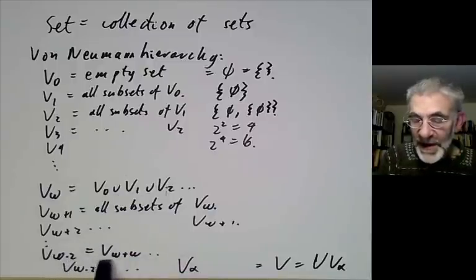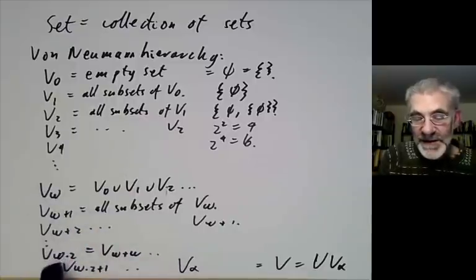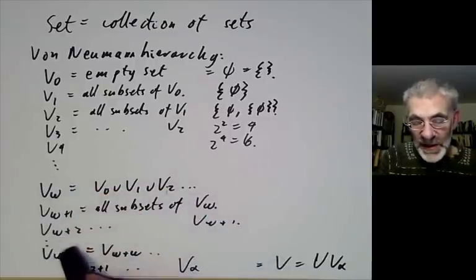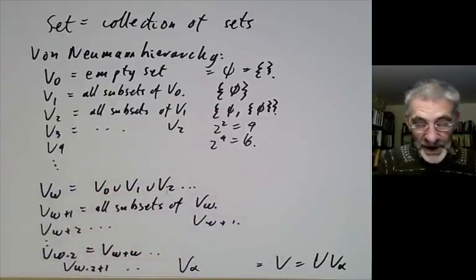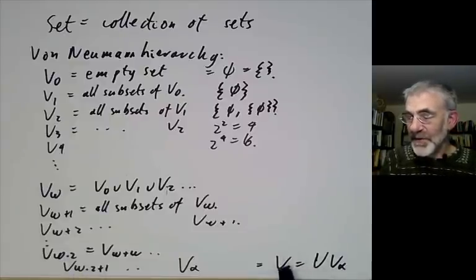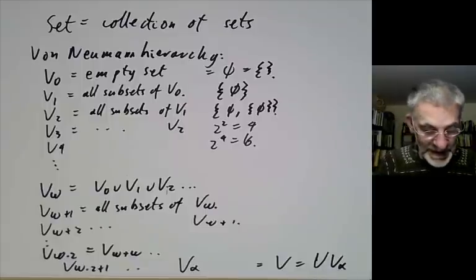The axiom of foundation and the axiom of union are used in collecting together the sets at each stage. So V omega times 2 is the union of V omega plus 1 and so on, and doing that actually requires union and infinity. The axiom of foundation is used to show you get all sets like this, to show that V is actually equal to the union of all sets like this.